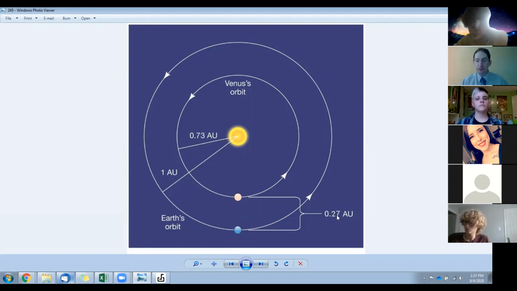So let's consider the case when we're at closest approach. What is the distance? If we can come up with some way of measuring the distance in kilometers, for absolute size, we want kilometers or meters or some standard that we know what it is, then we know how many kilometers are in 0.27 AU, and hence we can figure out how many kilometers are in 1 AU.